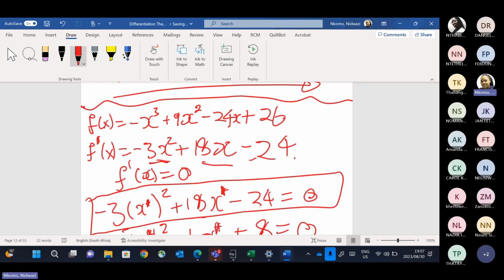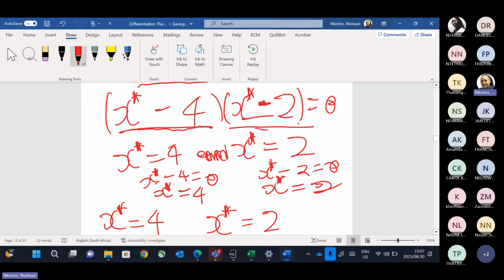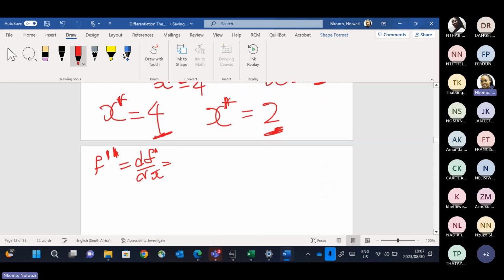So this means we need to differentiate this. To differentiate this, we'll have minus 6x plus 18. This means our second derivative is minus 6x plus 18.